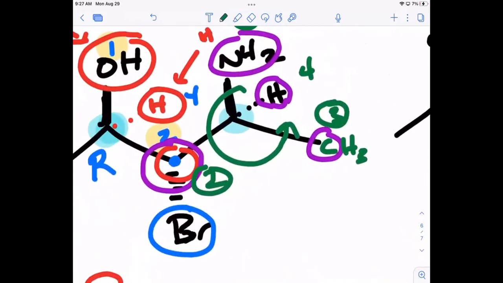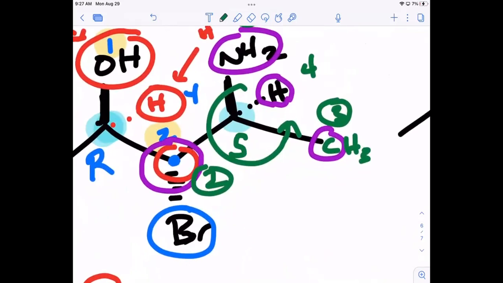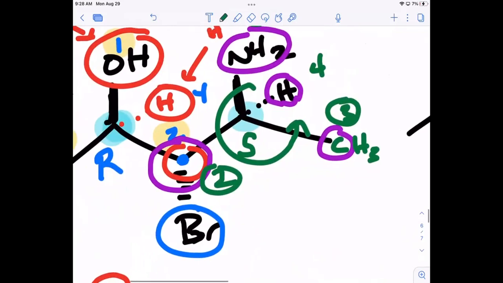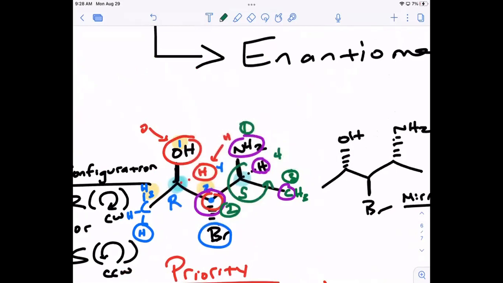So this center is considered to have a configuration we call S. In Latin, the S stands for sinister, which means left hand, and the R stands for rectus, which means right hand. So this is counterclockwise, so we're going to call it S. The configuration of that stereo center is S. Any questions about that?